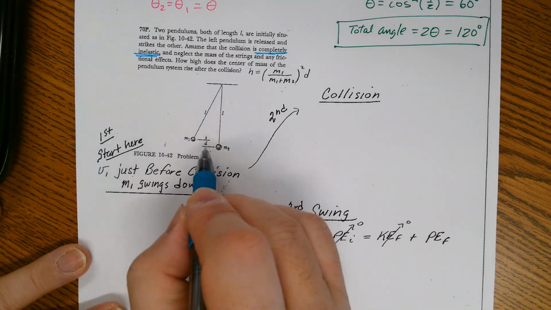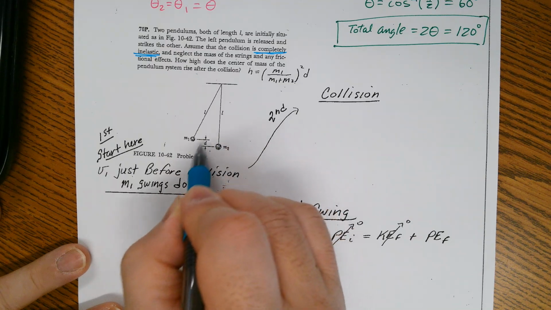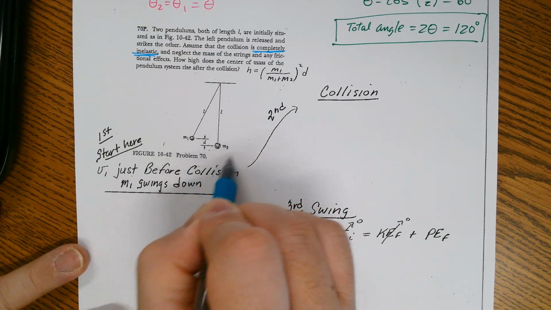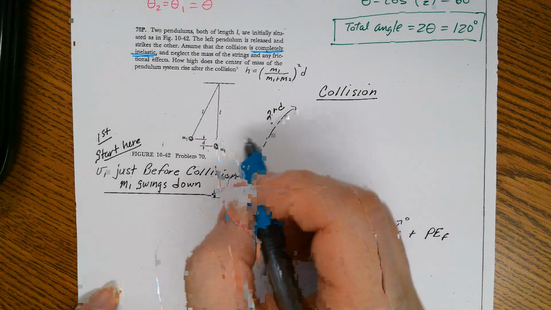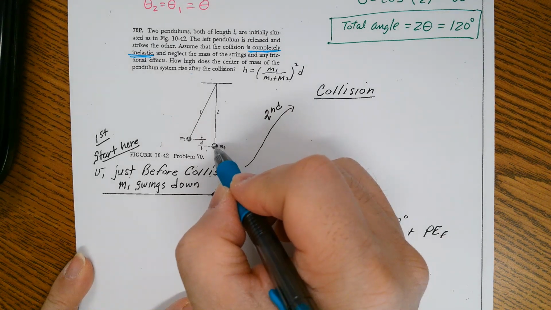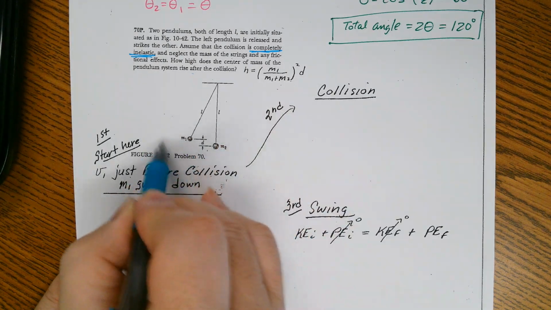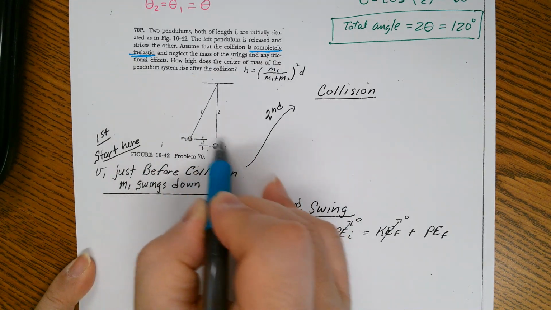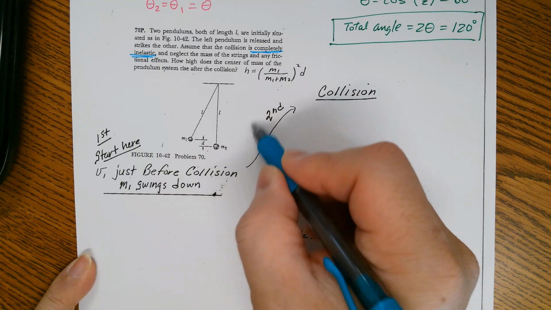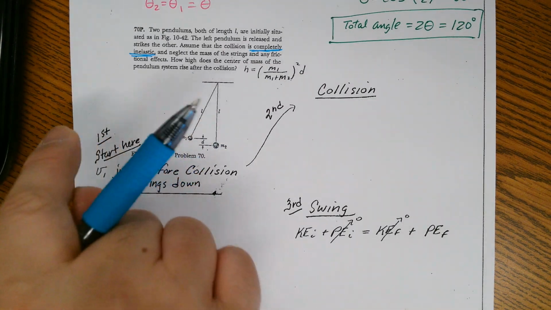Once we find that, we can use it in conservation of momentum for phase 2, the collision, which converts into kinetic energy of the two masses. Then phase 3 is conservation of energy again. So: conservation of energy for phase 1, conservation of momentum during the collision for phase 2, and conservation of energy for phase 3. Let's start with phase 1.